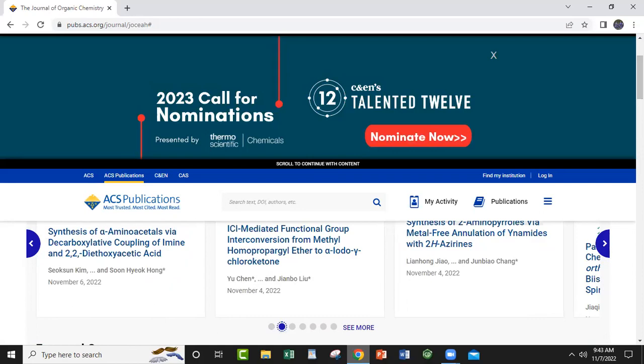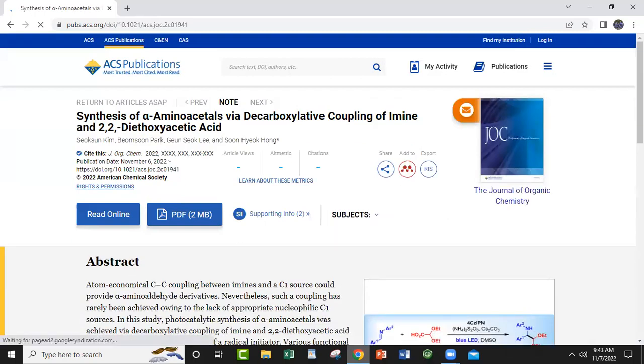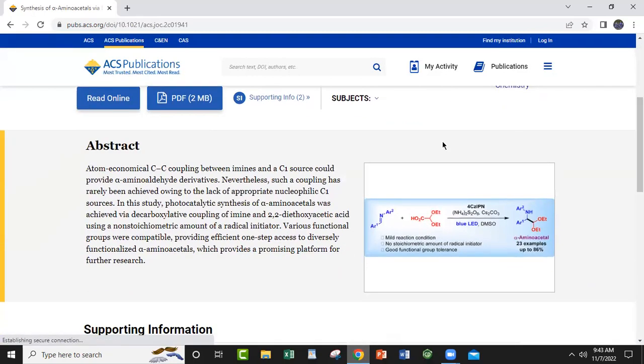And so what happens when you submit a publication like this, let me just pick this one. When you submit a paper like this, and this is your transformation that you've been working on in your lab, you and your grad students, you say you made these amino acetals and you got 23 examples and the yield is up to 86%. All right, great, prove it.